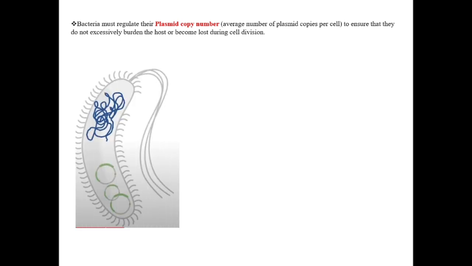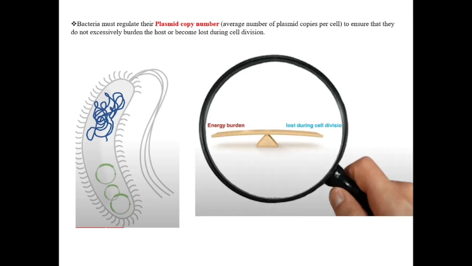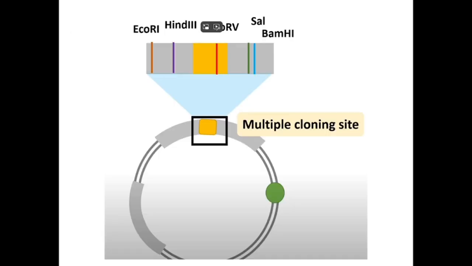It has an origin of replication, where replication of the plasmid starts, which is regulated by several sense and antisense RNAs. Apart from the origin of replication, the other important site is the multiple cloning site, where you put your gene of interest. It has several different restriction enzyme sites. Some give rise to sticky ends and some give rise to blunt ends.